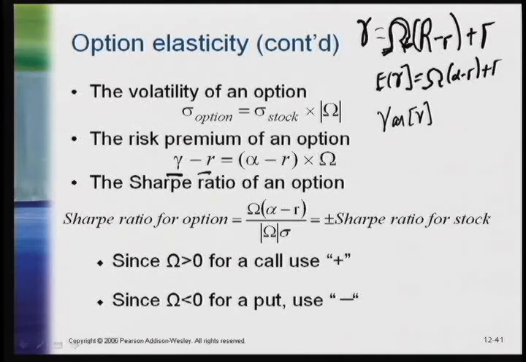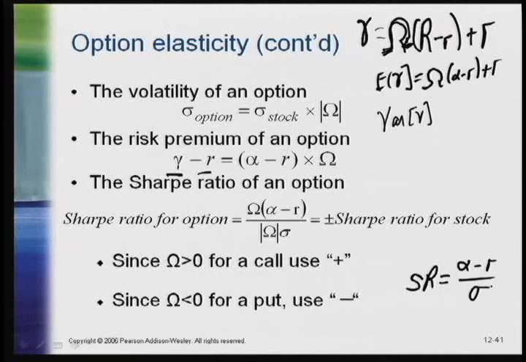And then finally, the Sharpe ratio. Recall that the Sharpe ratio is by definition the ratio of the risk premium to the volatility. The general measure of the Sharpe ratio, we'll see this in a later module, we'll do more work on this. You can think of it for the stock as alpha minus r over sigma.